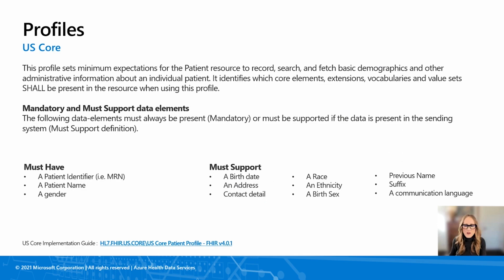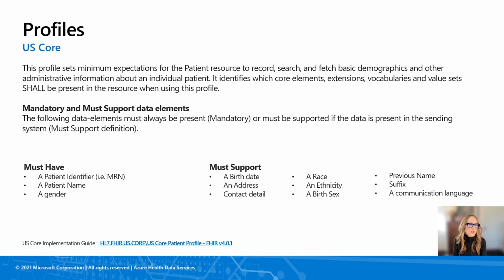Few more pieces here on US Core. It sets minimum expectations for the patient resource. So here I'm looking at profiles specifically, and something that you want to think about within an implementation guide is that there are core definitions that are to be moved forward with, and certainly constraints, and then the flexibility of what should be supported, but doesn't necessarily have to be defined collectively and together.